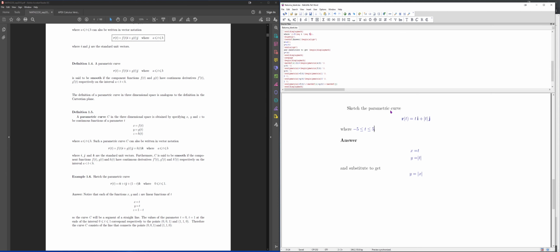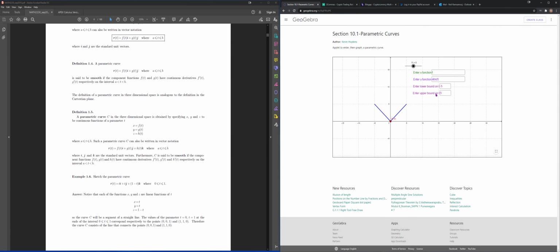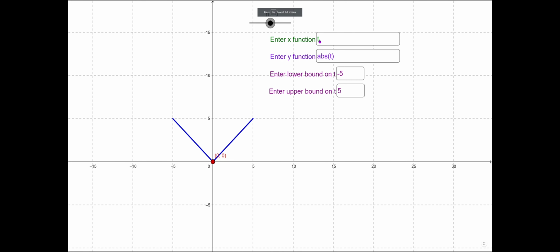So we want to sketch this parametric curve, which is given in vector form, right? The f of t in this case is t, and the g of t over here is mod t, and the values a and b are between -5 and 5, right? First, before I do this, let's just plot it using the software. Here the x function, I put in and it's t.